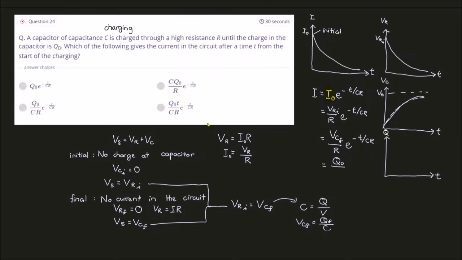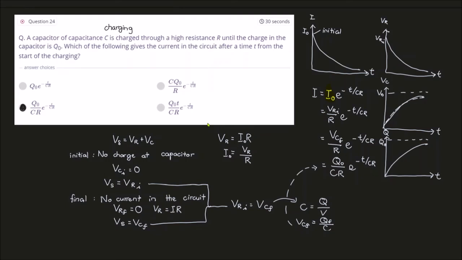How the charge changes with time is something like this as well for a charging circuit. So Q final is just Q naught. Q naught over CR. I'm substituting what I have here into here. So we can see that the equation is now formed. Our answer will be Q naught divided by CR, e to the power of negative t over CR.